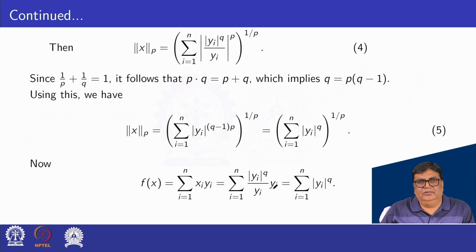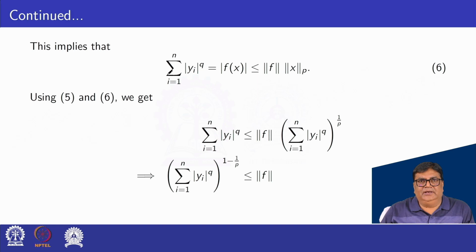So it cancelled out. We have summation i = 1 to n of |yi|^q. So this implies that summation i = 1 to n of |yi|^q is equal to |f(x)|. Okay, and f(x) is a linear functional, so this is less or equal to norm f into norm x.